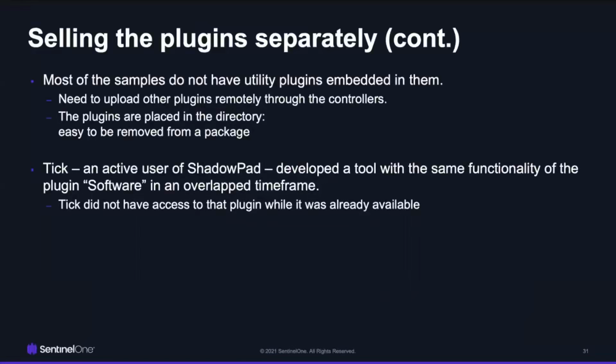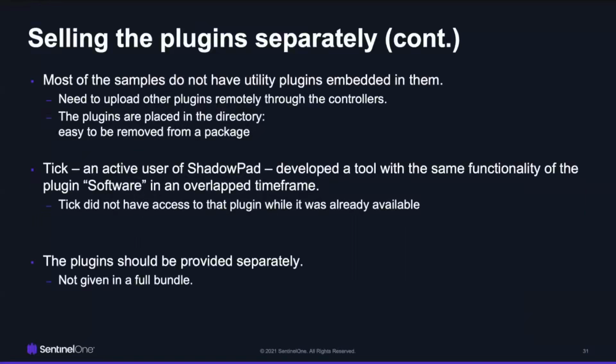We discovered a tool from them to list all of the installed software on the infected host, but around the same time, SHADOWPAD already had a plugin called software, which did exactly the same. By this, we can assess that Tick did not have access to that plugin, and that was why they developed another tool for the same purpose.